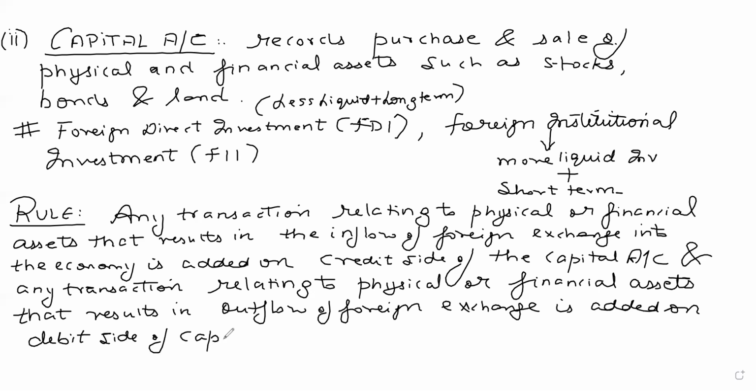So this rule makes the transactions pertaining to capital accounts very much clear. Any transaction relating to assets, physical or financial, which is causing foreign exchange to flow into the economy, is added on the credit side of the capital account, and any transaction which results in an outflow of foreign exchange is added on the debit side.